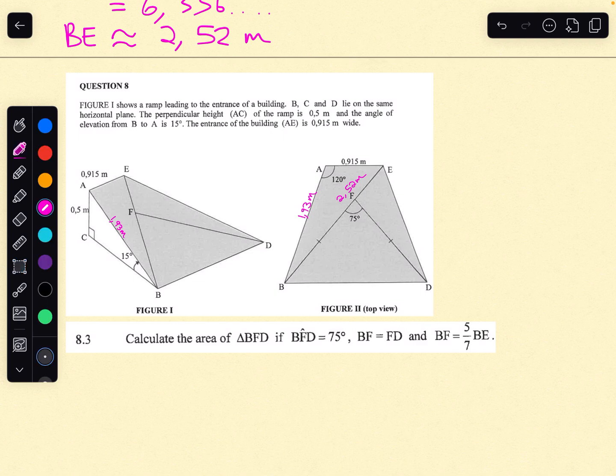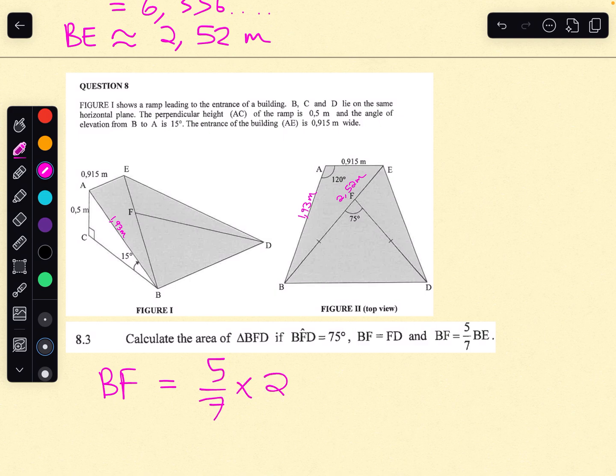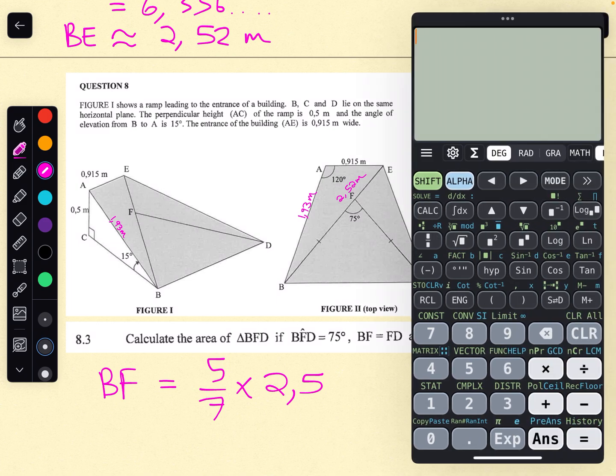Okay, so BF is equal to 5/7 of BE, which we calculated before to be 2,52 meters. Calculator working overtime.